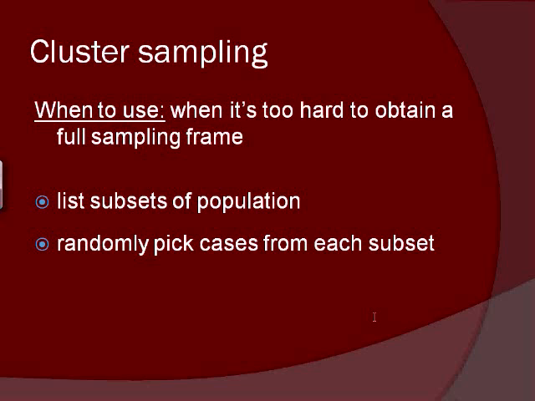Well, we may not be able to randomly sample from all students in the United States, but we could easily randomly sample from clusters of students in the United States. And such a great example of a cluster is a state. Every state is a cluster or grouping of a large number of people.